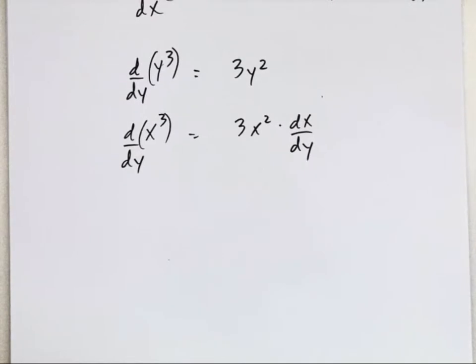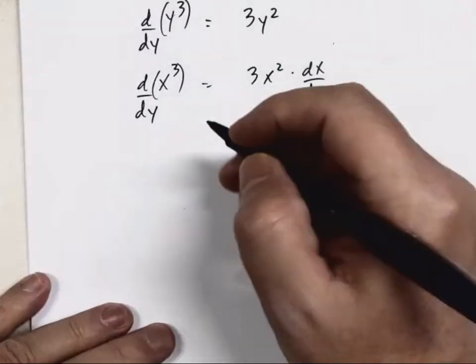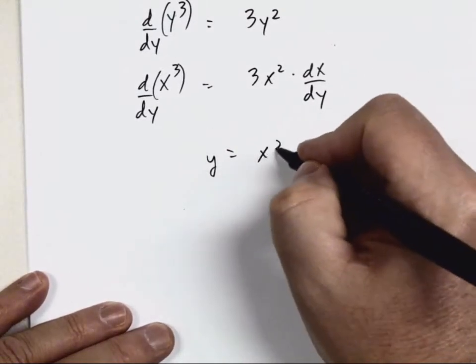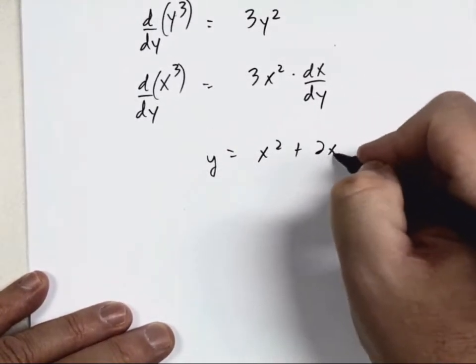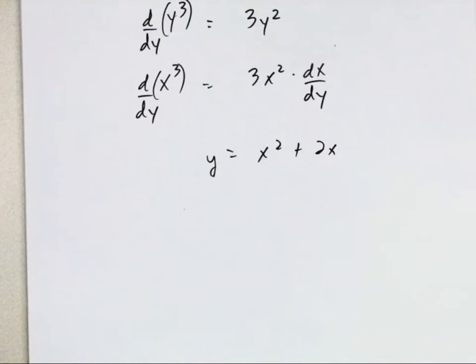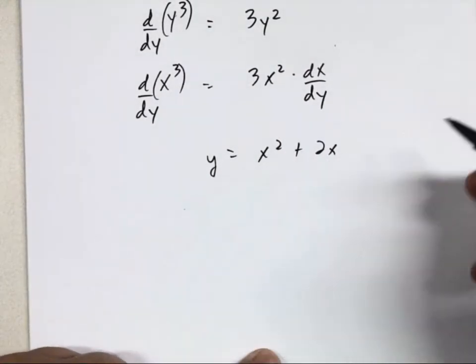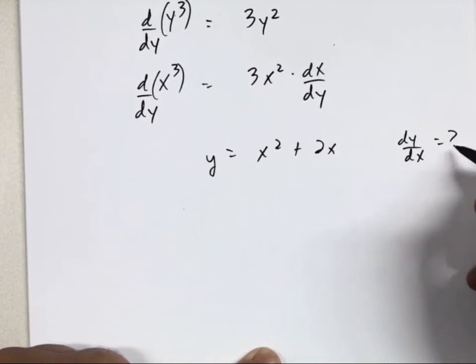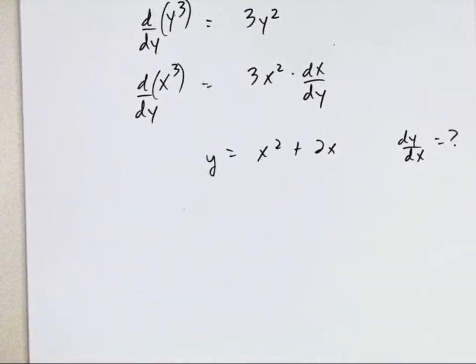So now that we sort of understand that, let's go way back to this original equation. Normally what they do, they'll give you an equation and they'll say, what does dy dx equal?